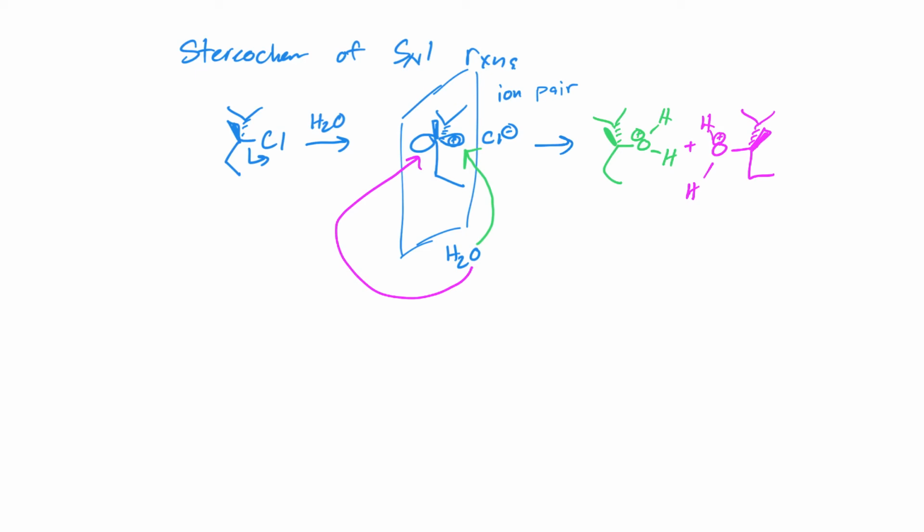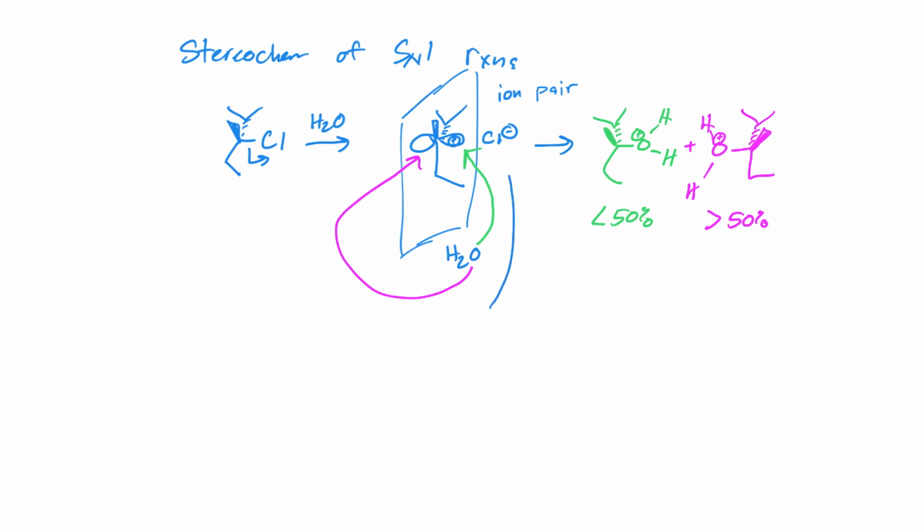And it turns out that we don't get a 50-50 ratio of these two intermediates. So we don't get perfect inversion here. We get more of the purple intermediate, and we get less of the green intermediate.